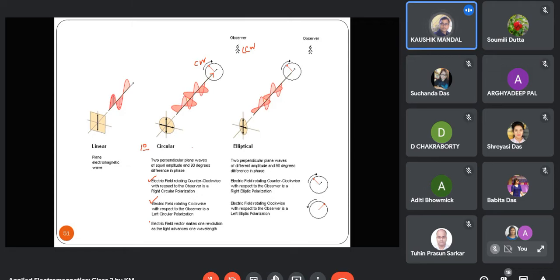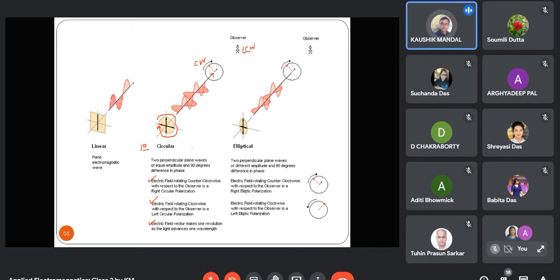Oh, that is also important. The electric field vector makes one revolution as the light advances one wavelength. One rotation means if we start our journey from this point and end our journey at this point in the circular path, that is one revolution.